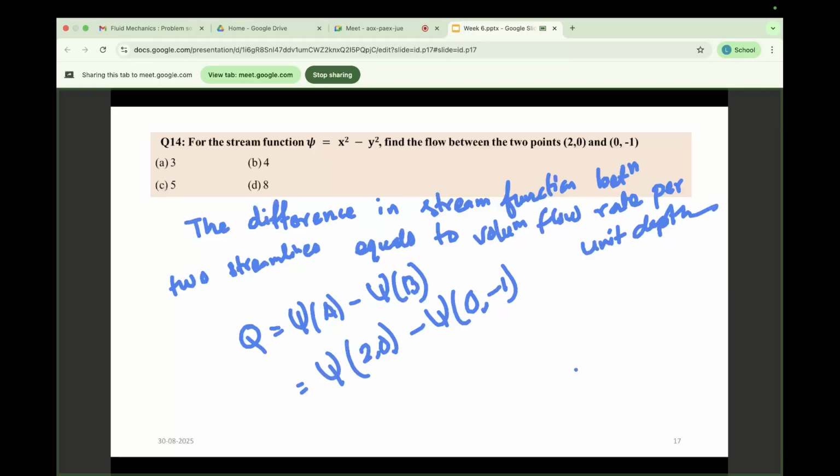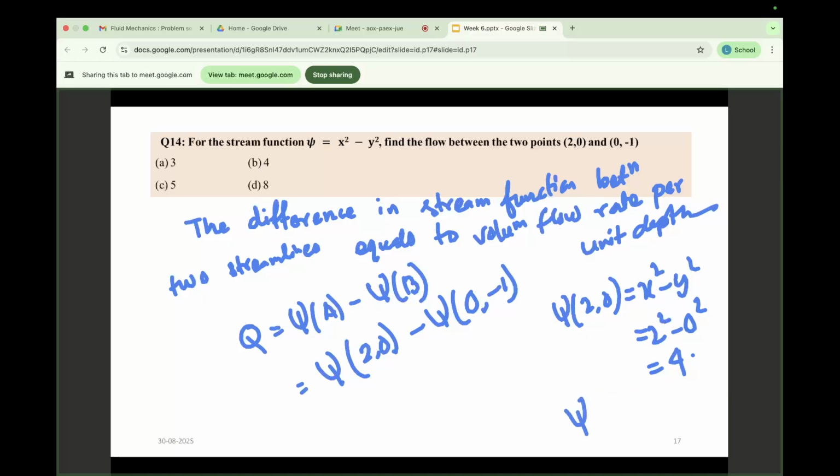So this is quite simple. If they say psi at 2 comma 0, it is already given x square minus y square. Here x is 2 square, minus y is 0 square, which means it should be 4, right?